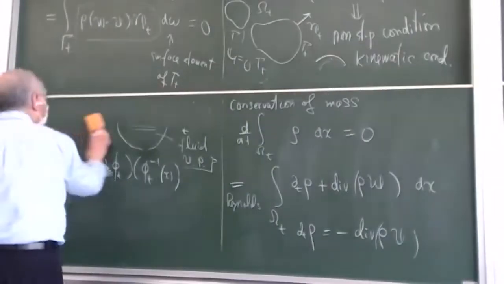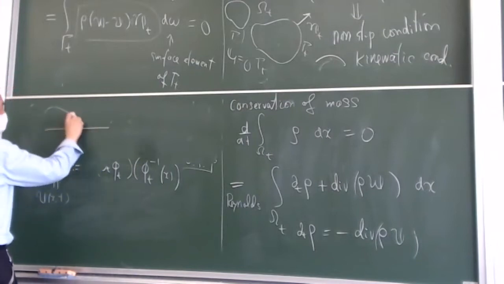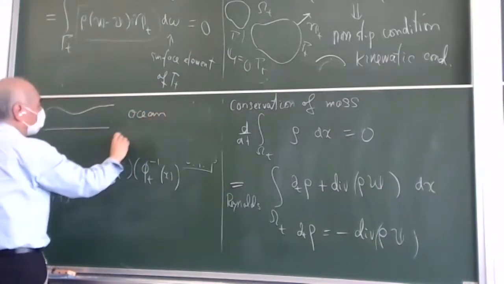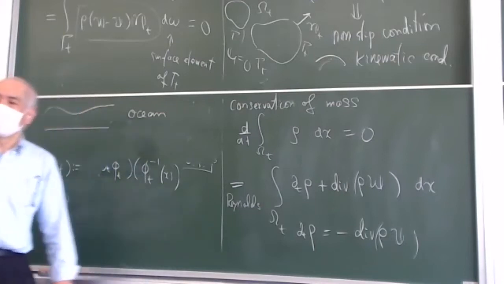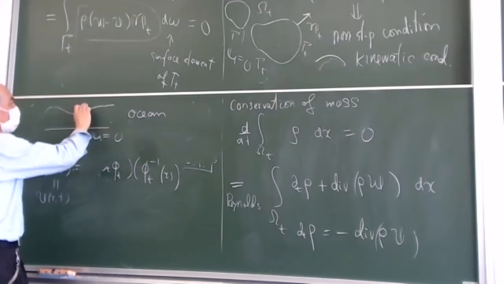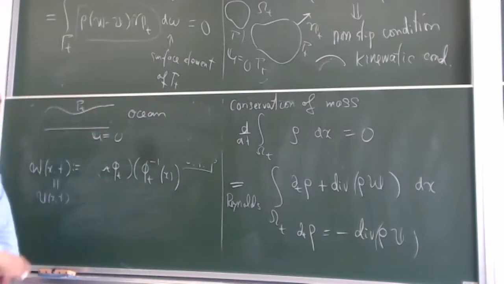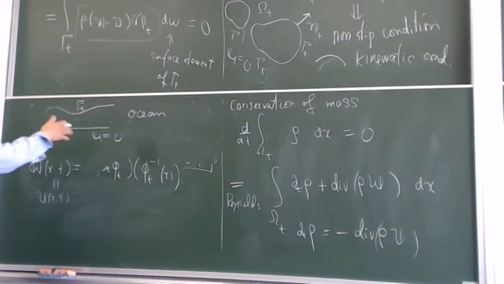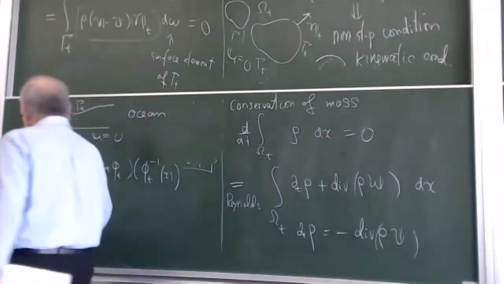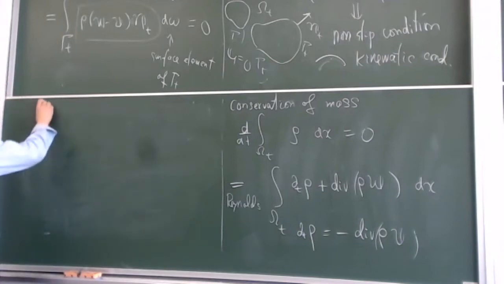So the typical physical situation is that the bottom is fixed and over it is a free boundary, like the ocean or something like that. So the bottom is a fixed boundary, then here is gamma t, so you need the free boundary condition on the surface. Okay, later I will give you more details. But anyway, usually we write this one.